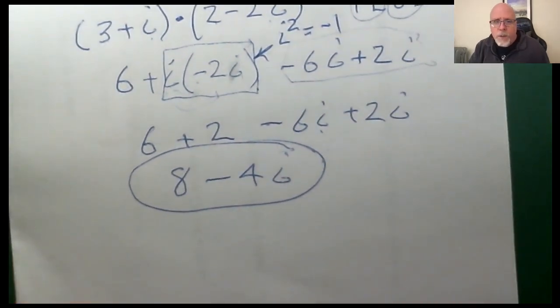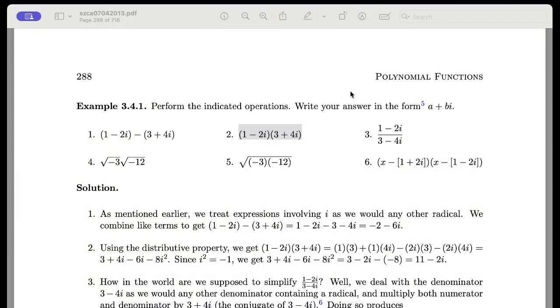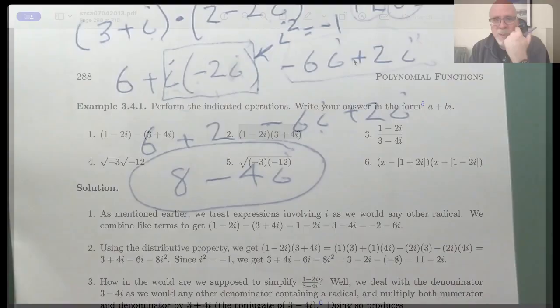All right, well, let's transition back to the book. The next operation they have here is division with complex numbers. And division with complex numbers relies on a trick that one can apply.